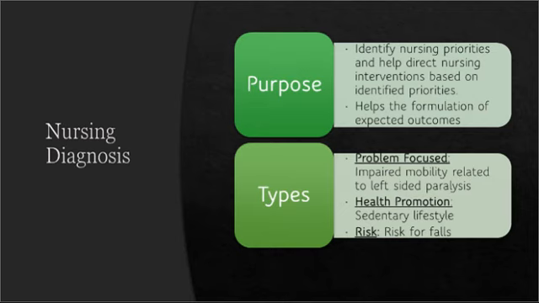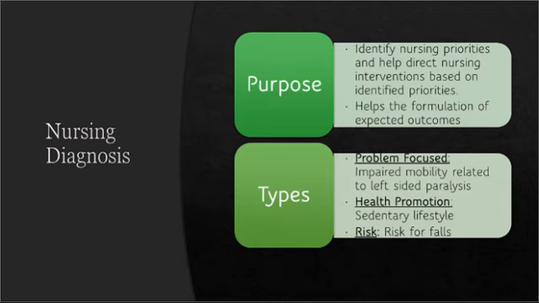The purpose of a nursing diagnosis is to identify the nursing priorities. You can come up with all kinds of diagnoses, but what is your priority? The 2 most important things you need to do for this patient to improve their health outcomes, and to do within your scope of practice and within the time frame you are with them.